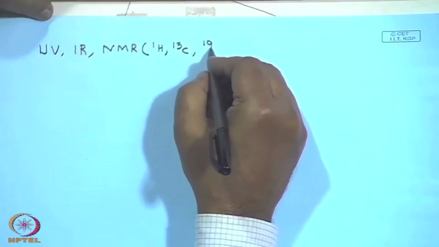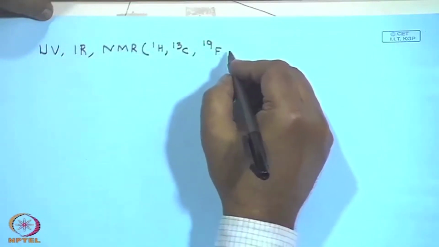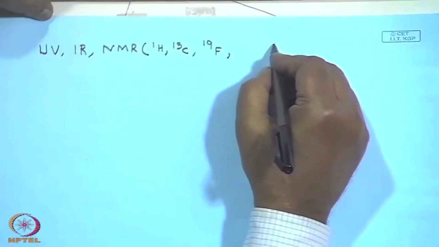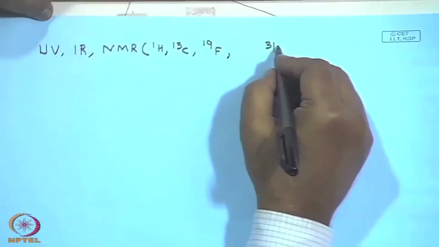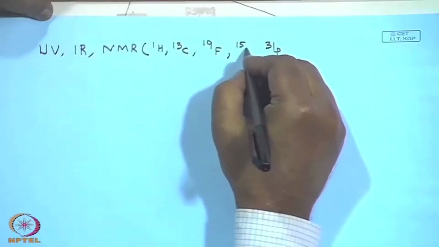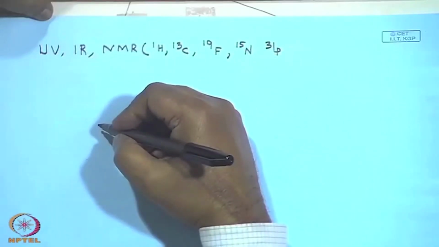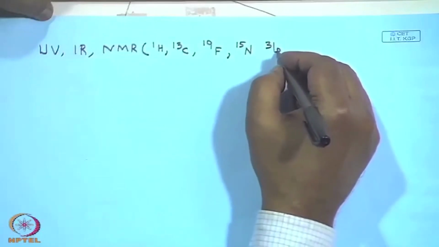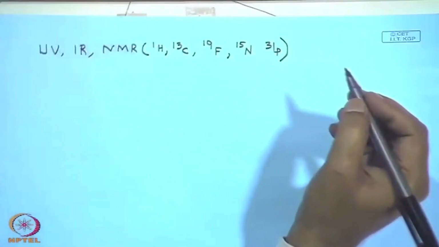Fluorine also is an important nucleus. Phosphorus, I will put it on the back side, 31 phosphorus, and I will put something more here, which is 15 nitrogen. It is a very important one, because most commonly we encounter nitrogen. So, these are the nuclei in heterocyclic chemistry that are very useful.